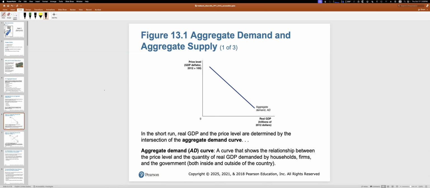The reason why it's downward sloping is different than why the demand curve is downward sloping. Here we're saying that as the price level falls, consumption goes up, investment goes up, net exports go up. And as those components of the aggregate expenditures go up, what we see is that the aggregate demand, the real GDP, goes up. Because again, it's all points of equilibrium on the Keynesian cross.